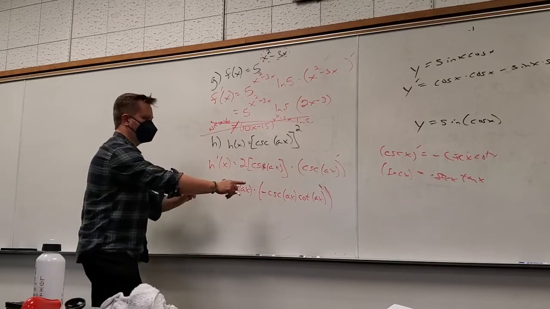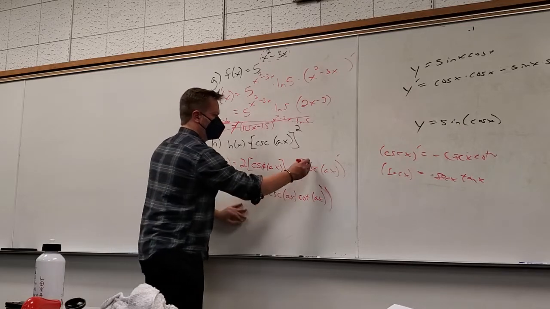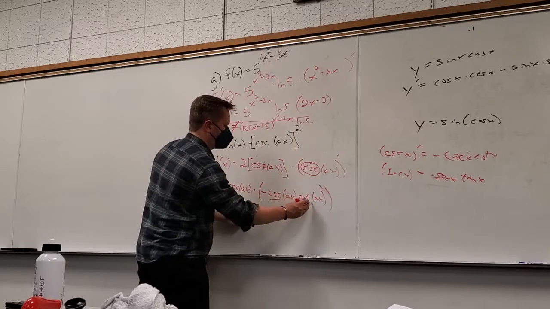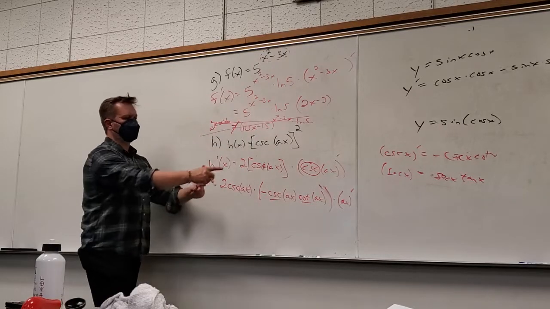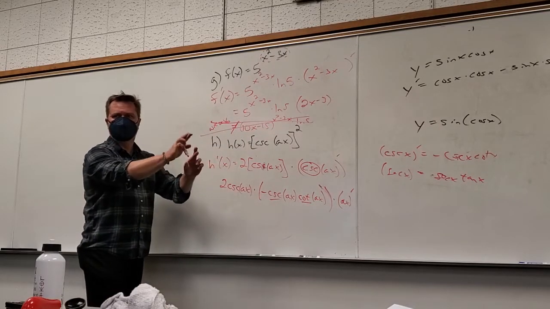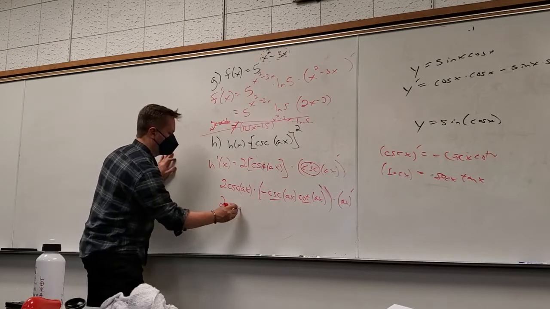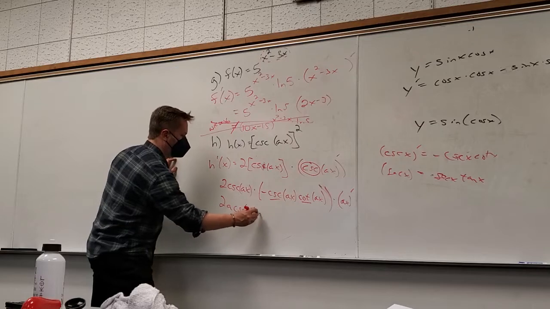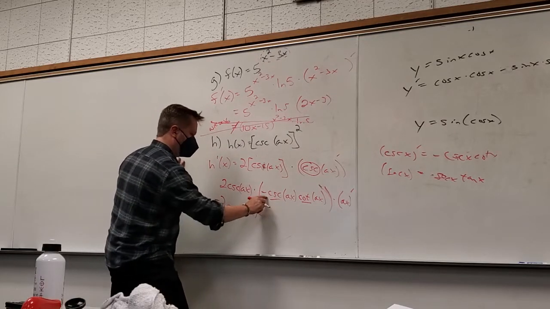Okay. Now, coming back to this, am I done? No. What hasn't had a turn yet? Because this was the outside function. We just did the outside function. The inside, ax prime, yeah. And of course, what's the derivative of ax? A. I like it. So I can just bring that out here. I can bring the negative 2 out also.